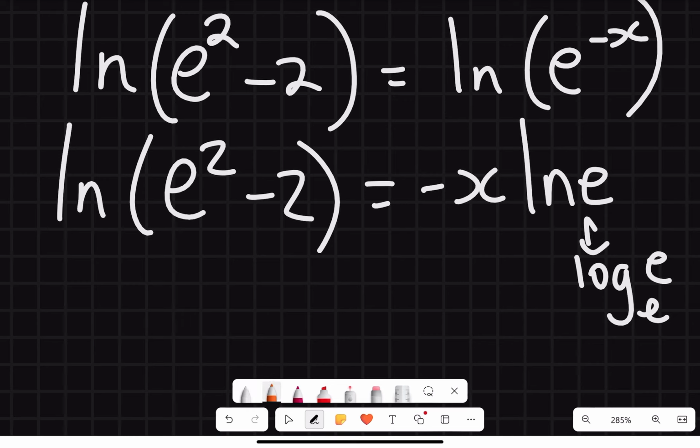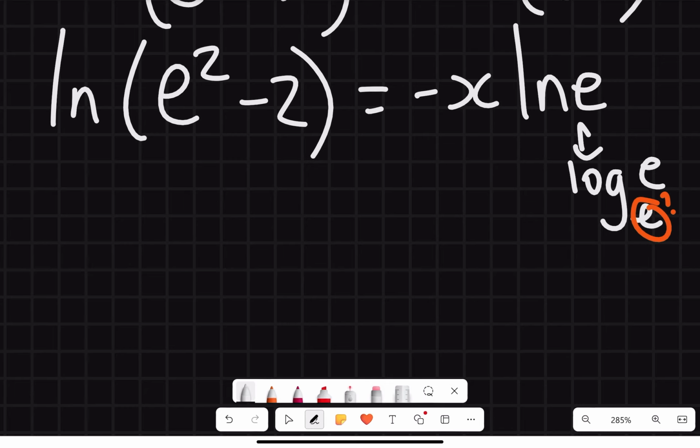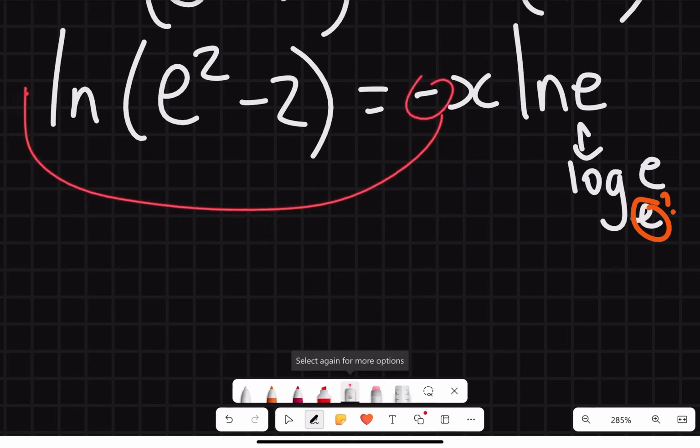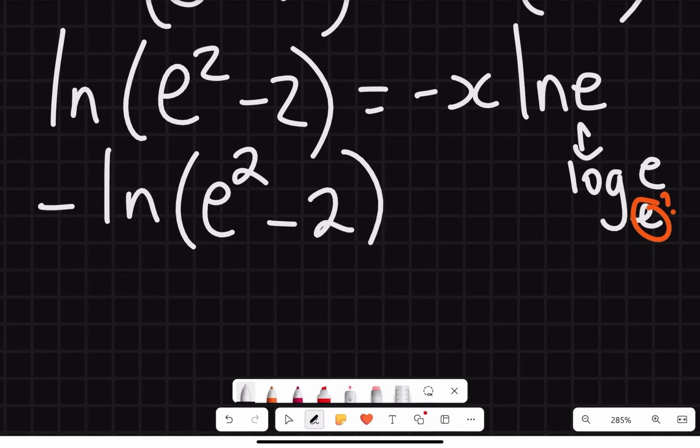If we read this, we say e to the power what equals e? Obviously, e to the power 1 equals e to the power 1. We get it? So I'm going to move this negative to this side. So I'm left with -ln(e^2 - 2) = x.